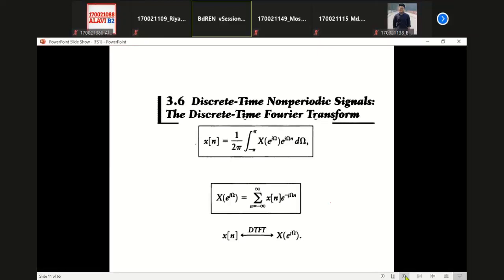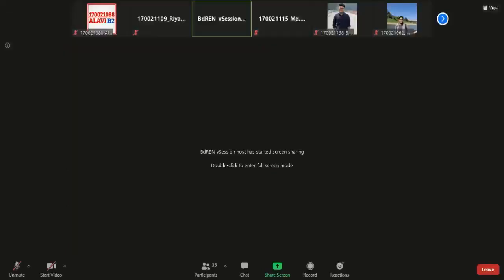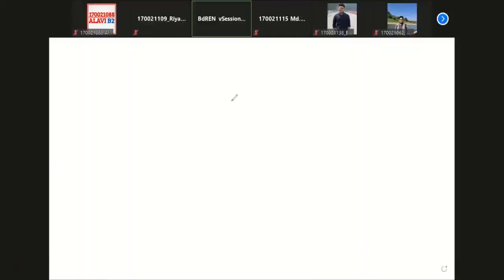Another issue that I need to discuss at this point, let me share the whiteboard just to give an idea about it. What we have seen is that our Fourier constant xk for the square wave has this property.